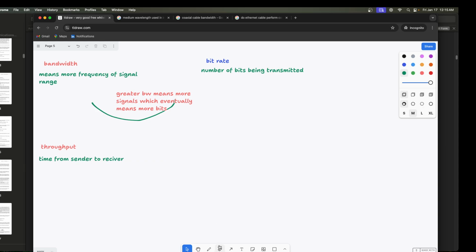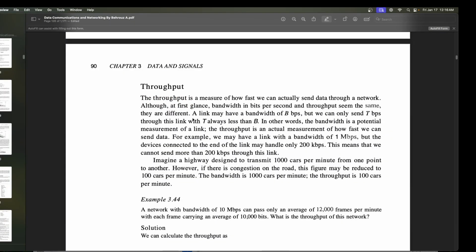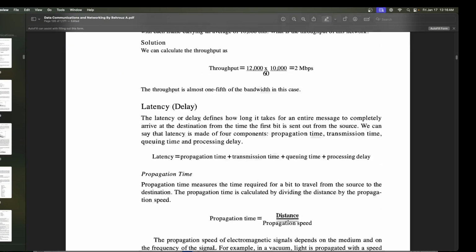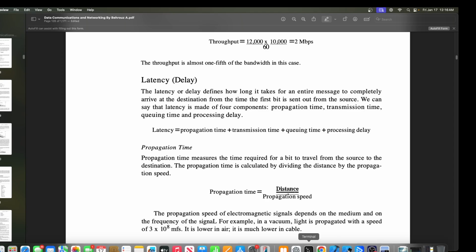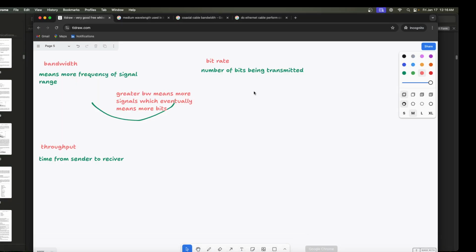This is throughput. And then let's make this pink. Then there is one more, right? Round trip time or latency. So latency is the time taken for a message to completely deliver.